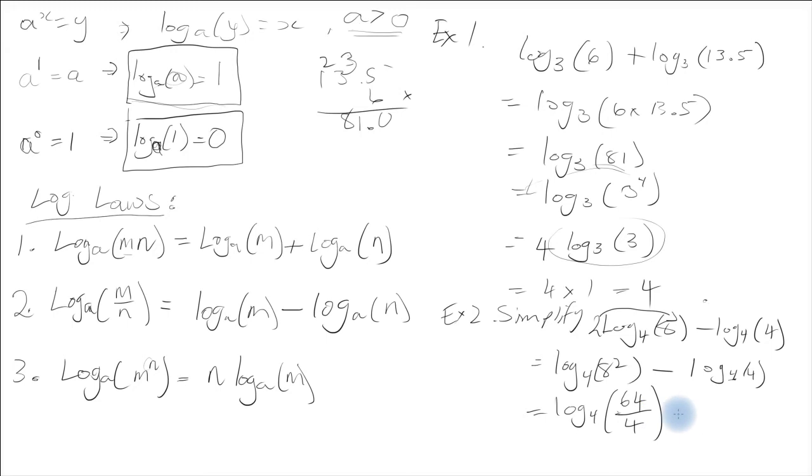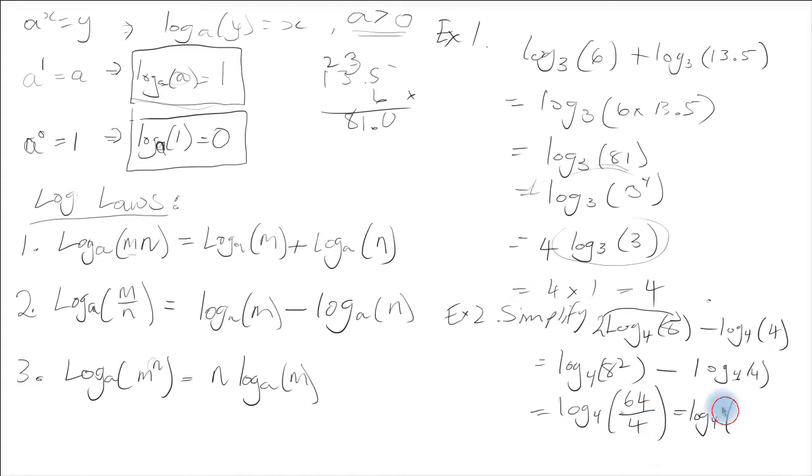Okay, so that will give me log to the base 4 of 16. Now, hopefully you know that 16 is in fact 4 squared, so the answer therefore will be 2.